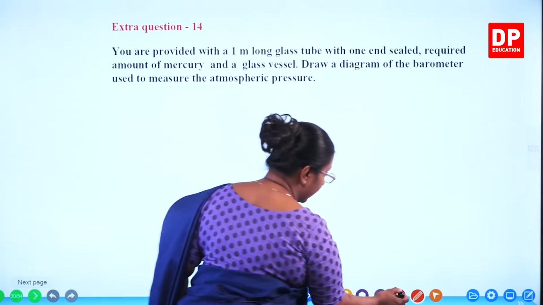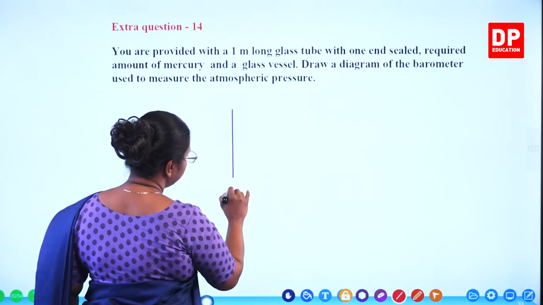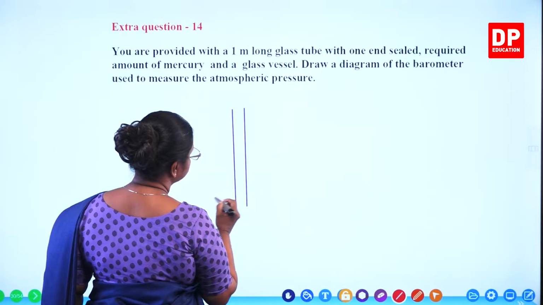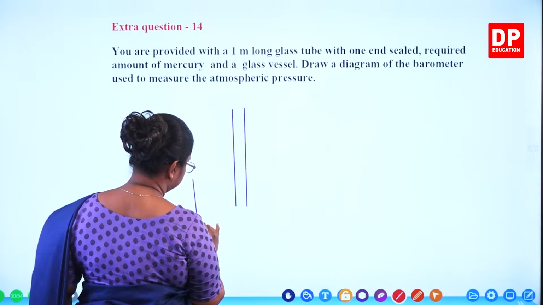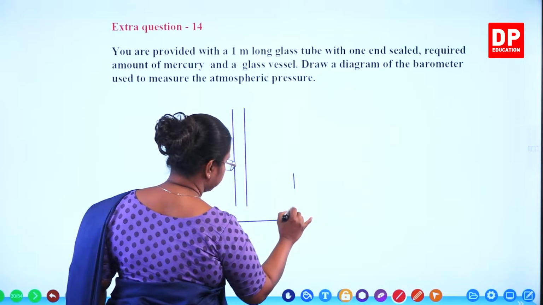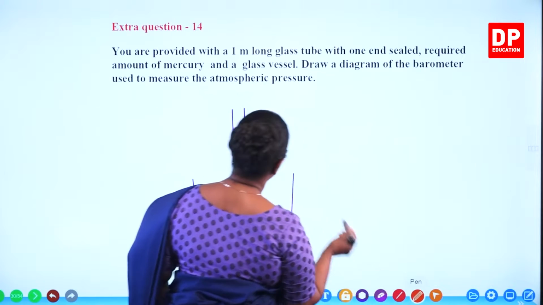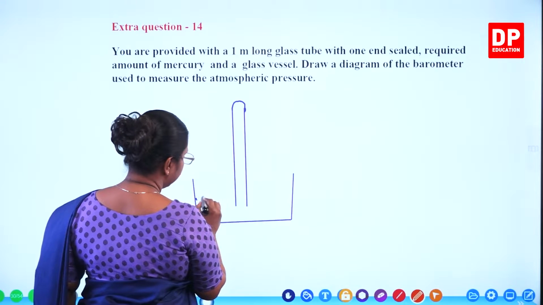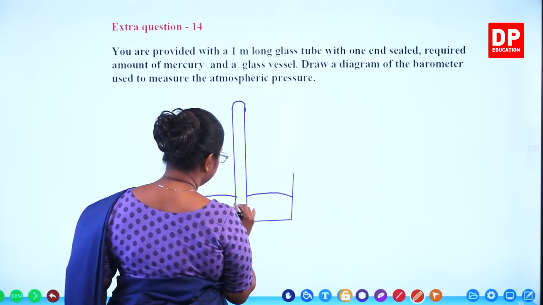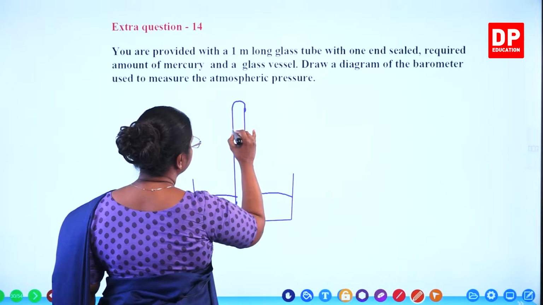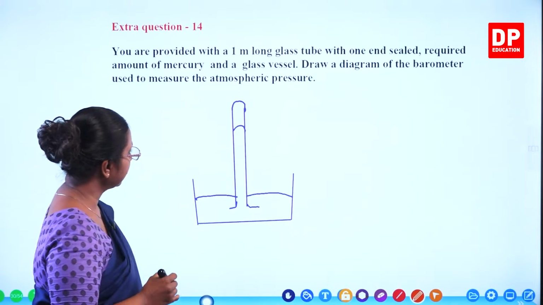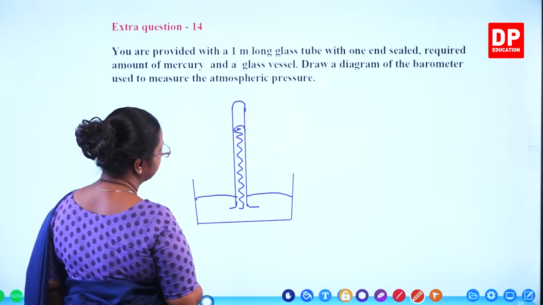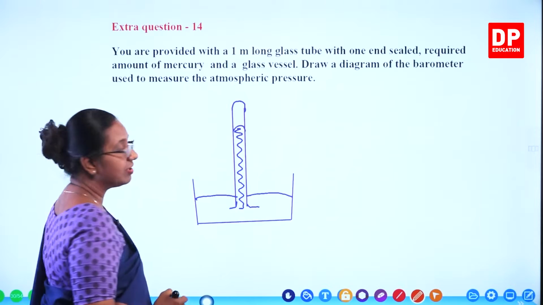So you need to have the glass tube, one end of the glass tube is sealed. Then here we will have the mercury, and there will be mercury inside as well.